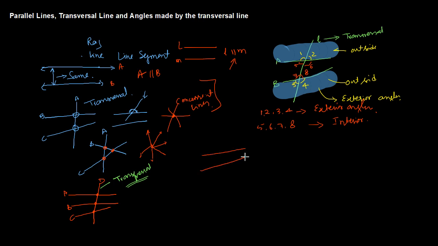Okay. So now let's see if I'm actually going to draw this. Let's see. What are these angles? Two lines, let's call this L, and that is A, and that is B. These two angles, that angle and those two angles, are called corresponding angles.